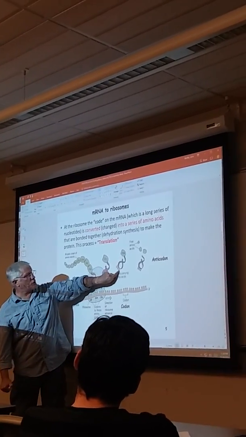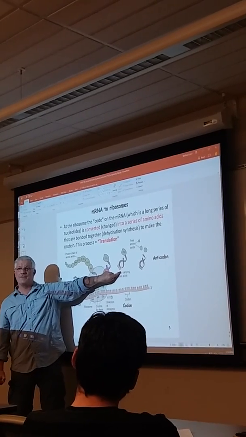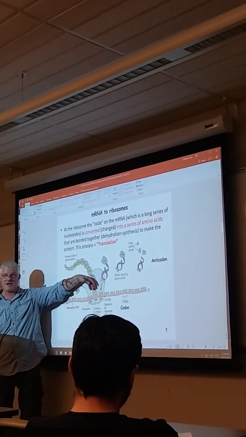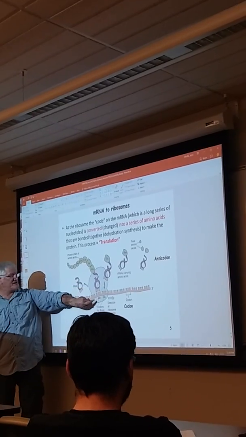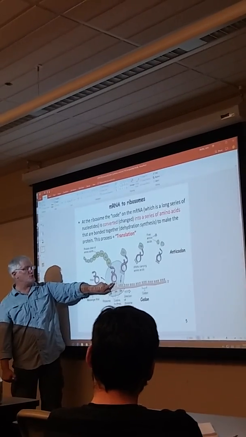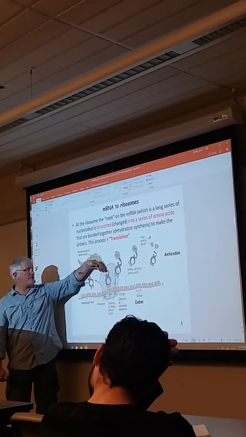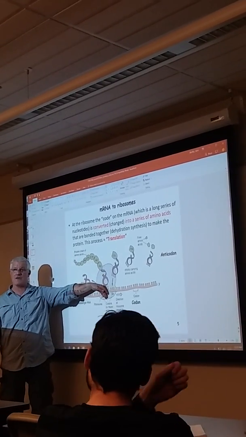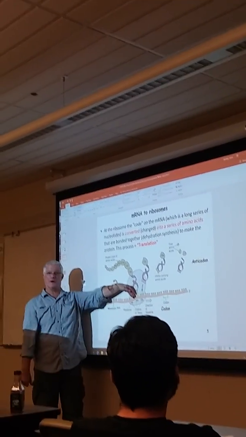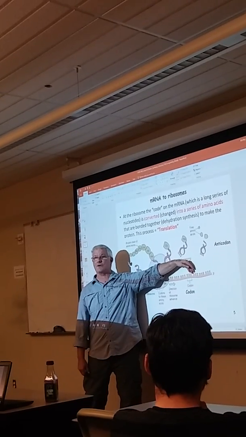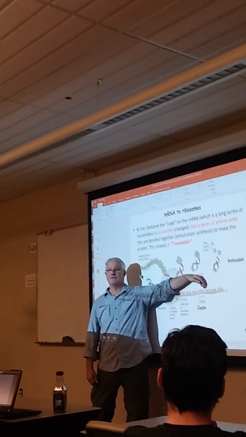Because this part right here called the anticodon is the complement for the codon. So if this was an AAA, this would be a UUU. That's how this transfer knows to attach there. And it has to be in the ribosome, not a UUU over here, or I'm sorry, an AAA.